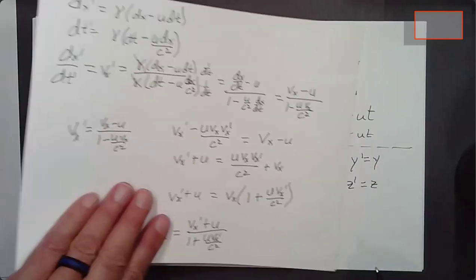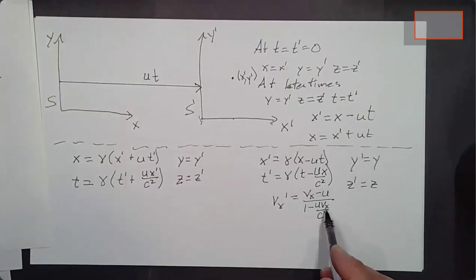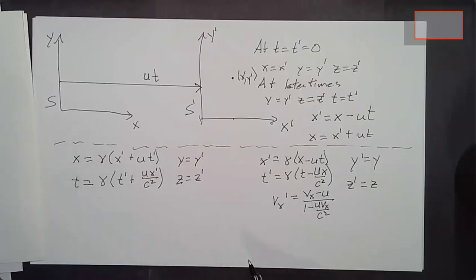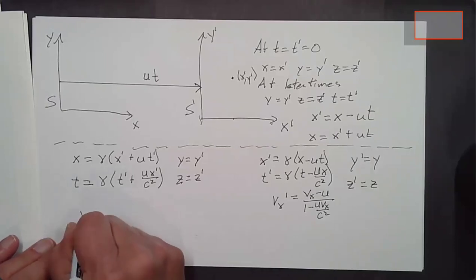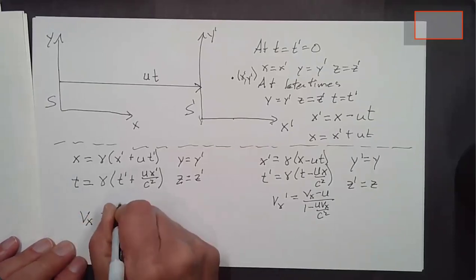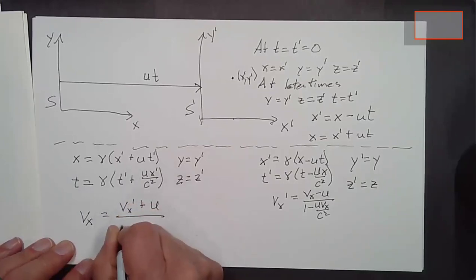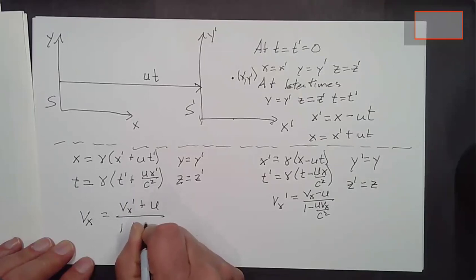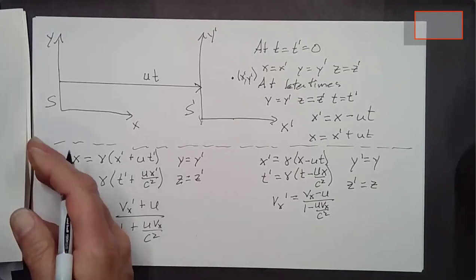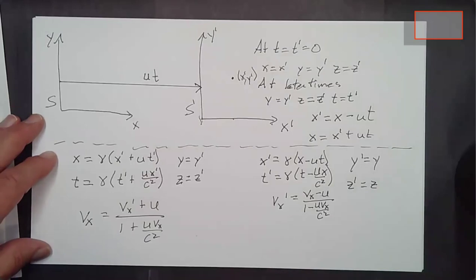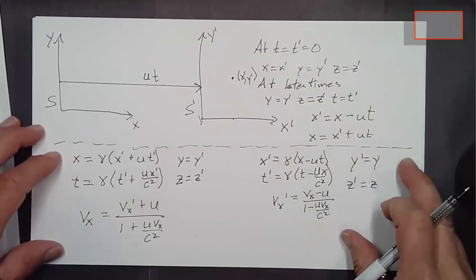And so that's the reverse transformation, and it looks an awful lot like that one. I just swapped the primed terms for the unprimed terms and changed the signs on u. Okay, so that's our full set of transformations for the Lorentz transformations.